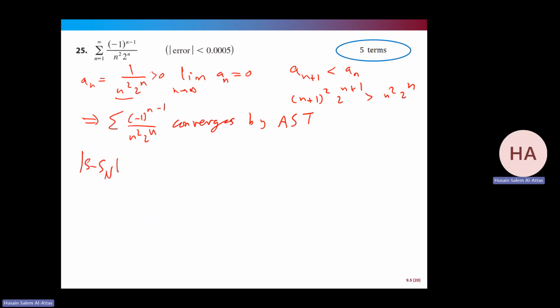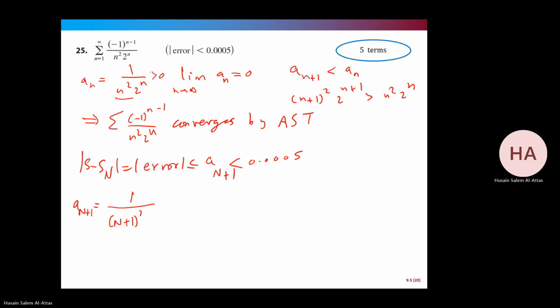Now I need the error. S minus S_n, which is the error, I know is less than a_(n+1). I want this to be less than this number. So I have 1 over (n+1) squared, that will be a_(n+1), times 2 to the power (n+1).